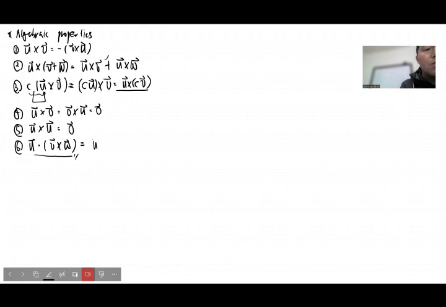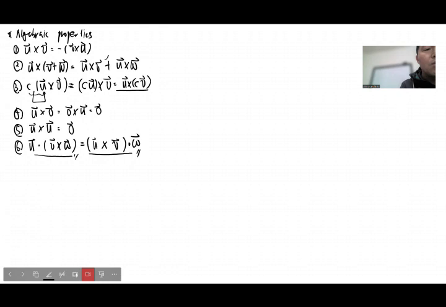So basically that combination of dot product and the cross product could be applied to the same vectors, but in opposite direction. So that should be U dot V cross product W, the same as the U cross V dot W. That should be the same.